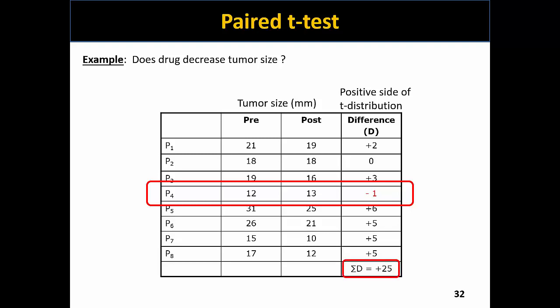And that's the point of doing the t-test. And so the first step here is to calculate the differences horizontally, and then we add up vertically, and we have a sum of the differences of +25.